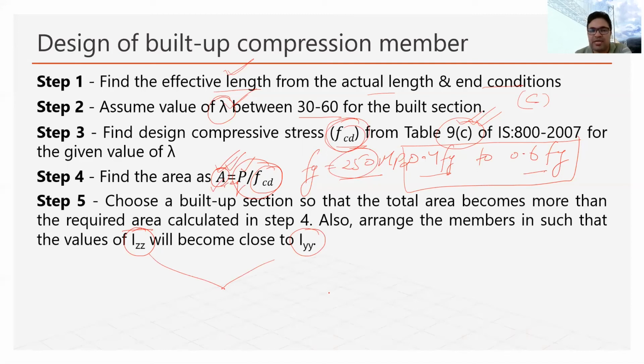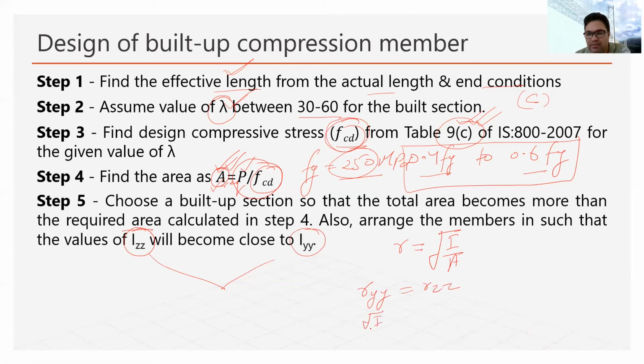So what we do is increase the value of RYY by adjusting the distance between the sections. The formula for radius of gyration is under root I by A. So if I equate RYY with RZZ, what will happen?